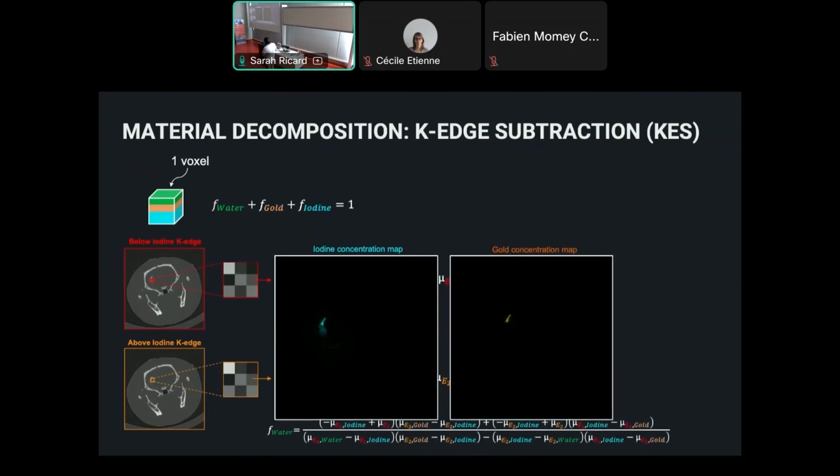Then you solve this linear equation, which is simple to solve, and we have the concentration of iodine in each voxel, differentiating between iodine and the other materials.